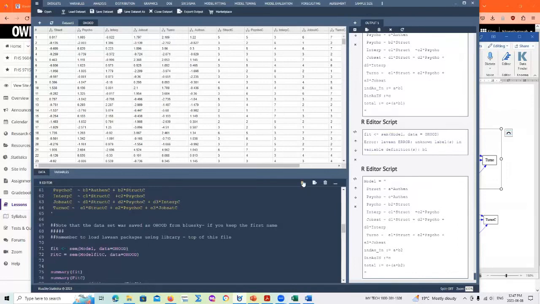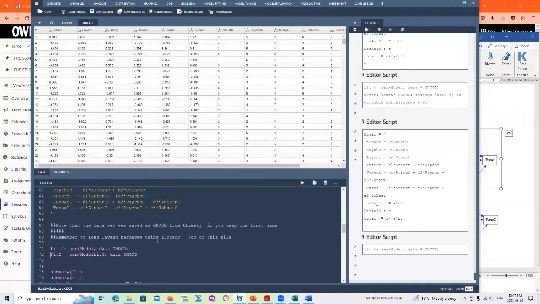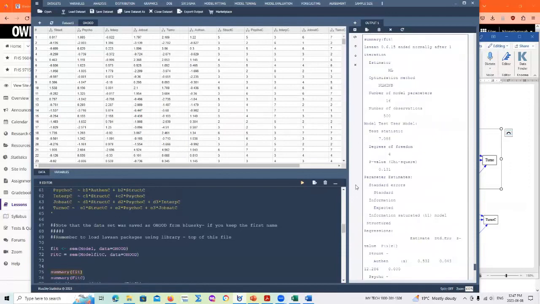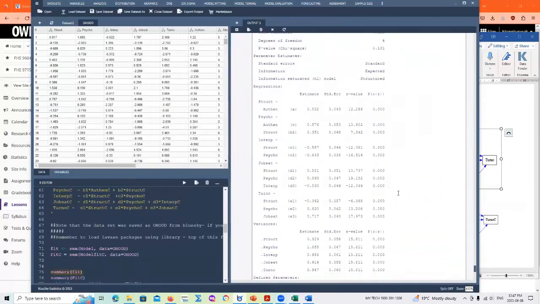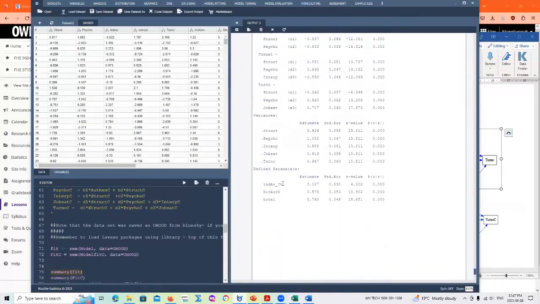Let's see the model. You see them, they are here. Not only are they there, the most important thing is not that they are there, because you could compute by hand.